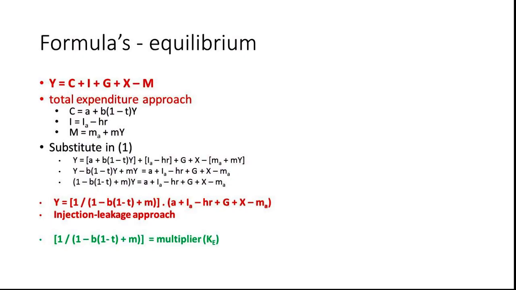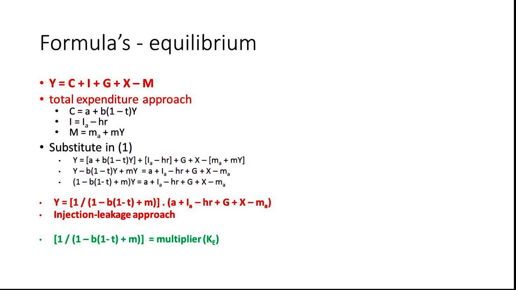Now, it's possible to substitute all of these back into equation 1 and replace the capital letter C with these elements of the equation. There you go, all the different components: exogenous consumption, the marginal propensity to consume, taking account of the tax rate. You replace I with the level of investment and the negative relationship between investment and interest rates.